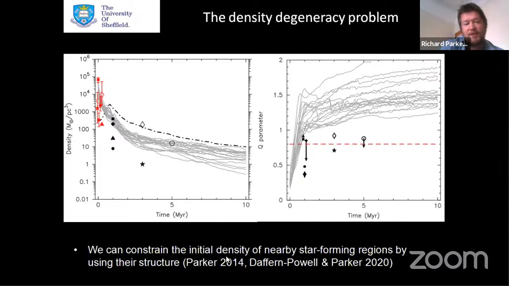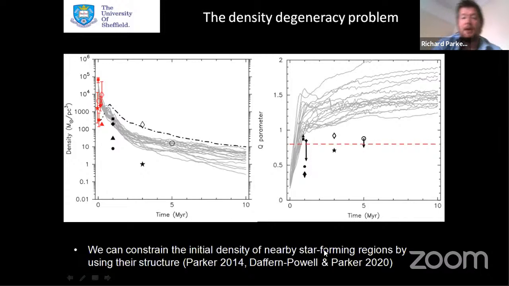I'm plotting the same observational data points on this graph of Q parameter versus time. One thing you see is that for that particular set of simulations, the simulations are inconsistent with the observational data. We might be able to fit some of the stellar densities, but we can't fit the values for this Q parameter, aside from perhaps one observational data point here, the Orion Nebula Cluster.